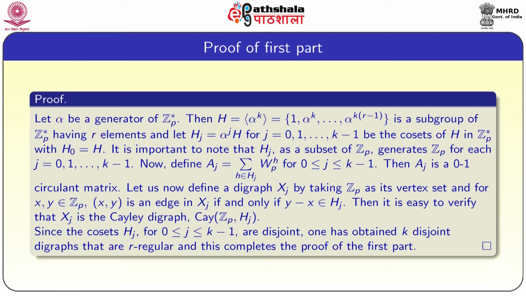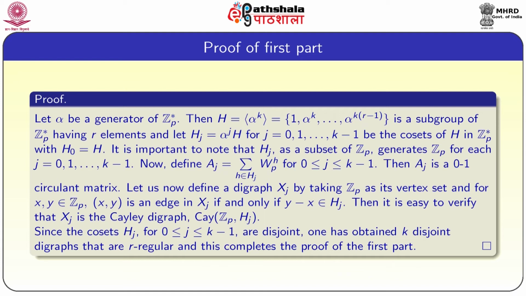Let Hj equal to alpha^j times H for j equal to 0, 1, 2, 3 and so on up to k minus 1 be the cosets of H in Zp star, with H0 equal to H. It is important to note that Hj as a subset of Zp generates Zp for each j equal to 0, 1, 2, 3 and so on up to k minus 1. This is going to be useful, we will see how it is useful.